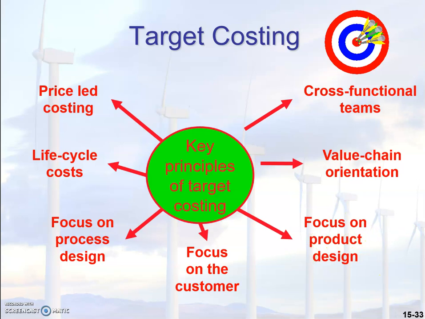They must design the products such that they will meet the targeted cost. And since it is the market price that the company is focusing on, the customer is always their main concern, because they cannot be producing a product that customers are not willing to pay the price for.